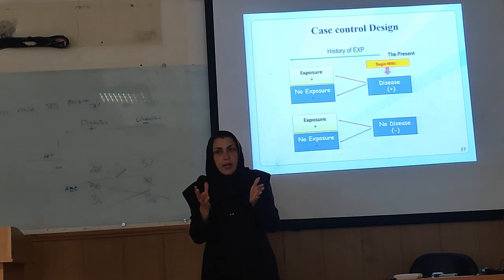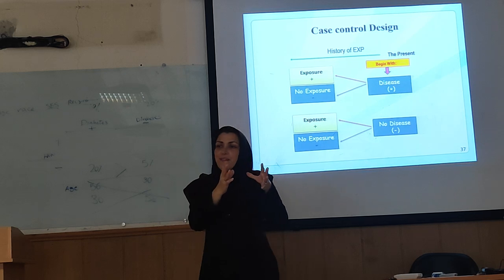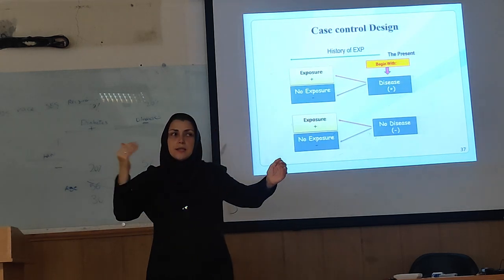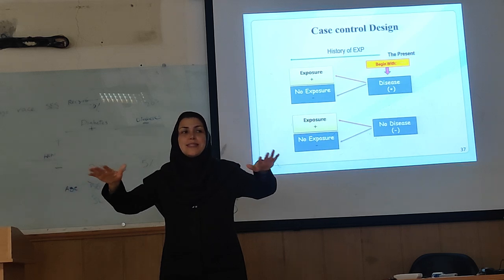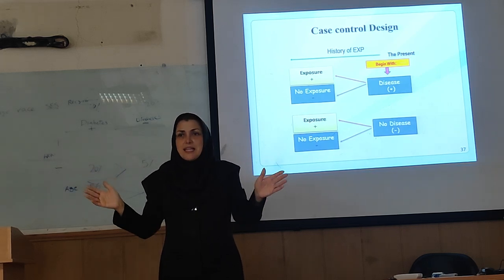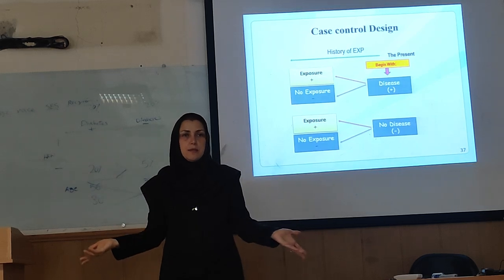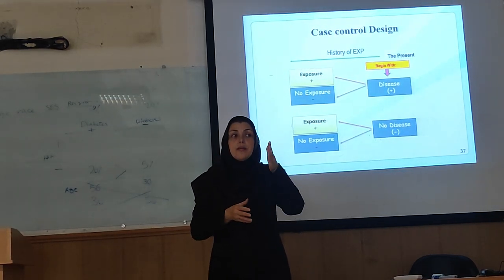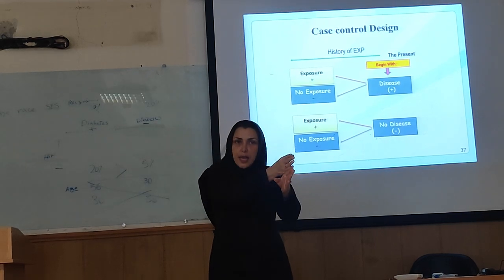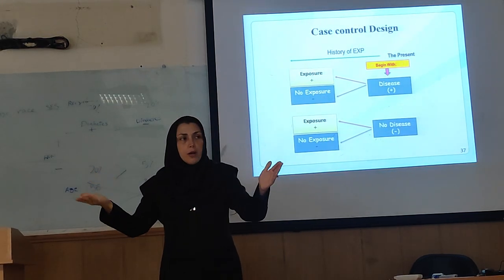Sometimes there is no association. It means that the prevalence of exposure in cases and controls are the same. It is not statistically significant. It means that there is no association between exposure and disease. Sometimes the exposure is higher among cases and lower among controls.